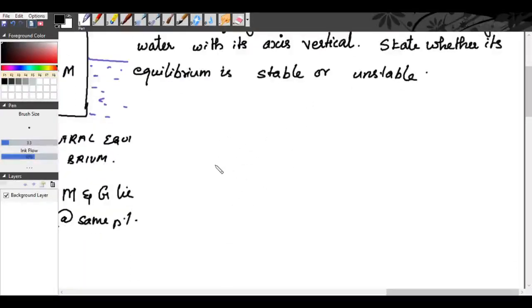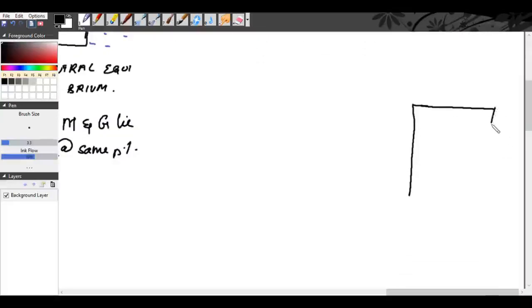So, the cylindrical body is floating in water. So, we will draw the cylindrical body, right? This cylindrical body is 4 meter height and it is floating in water.